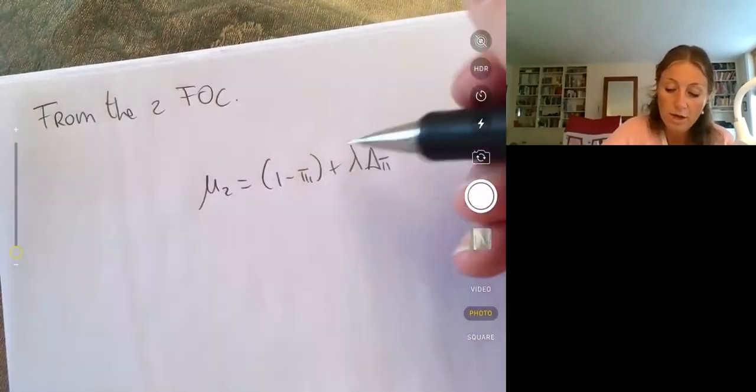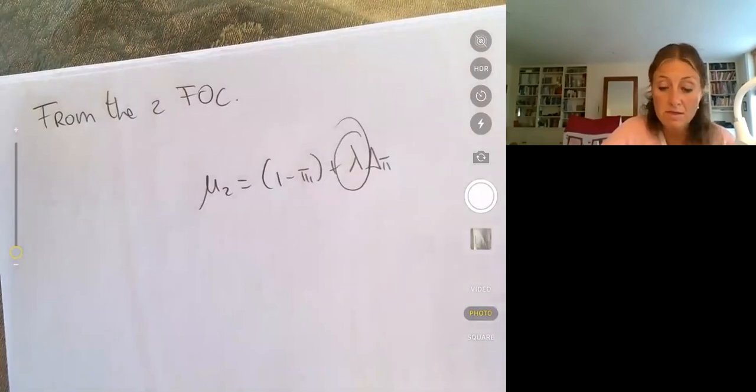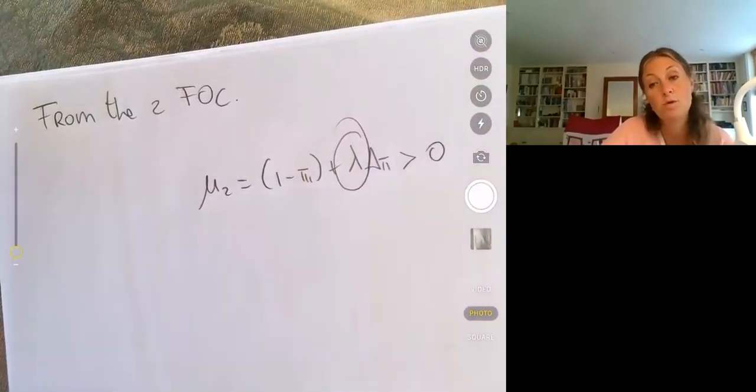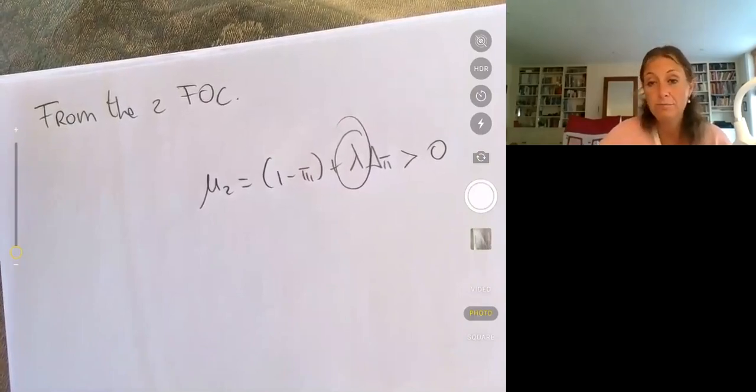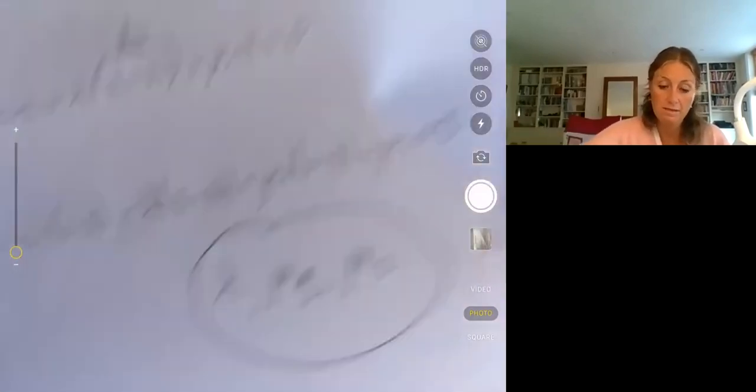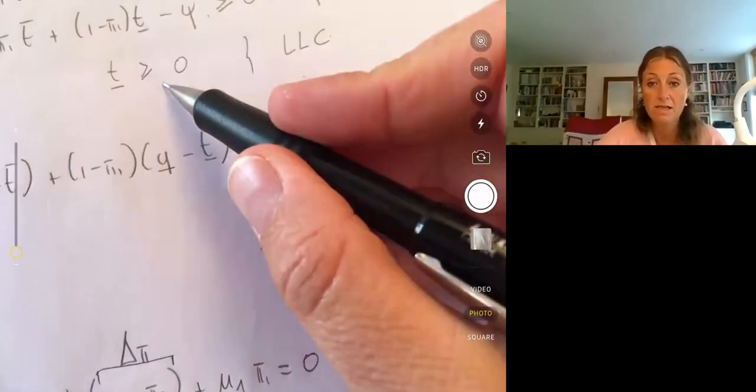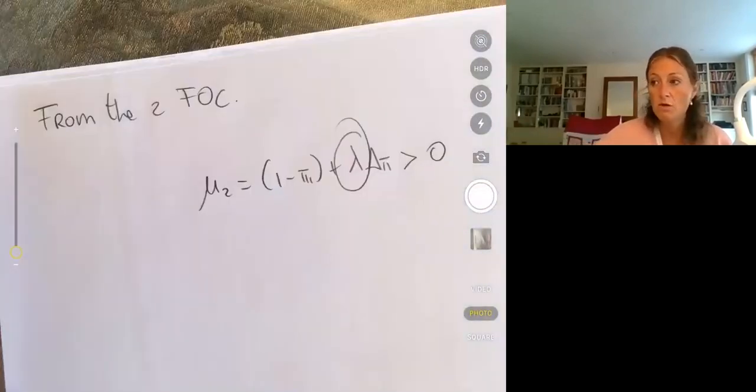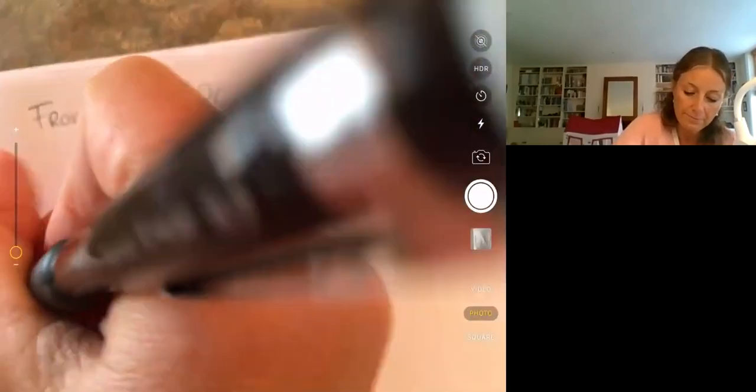And therefore, knowing that lambda is strictly positive, that will also be strictly greater than 0. So we know now that our assumption is verified: the limited liability constraint is actually binding, solved with inequality.